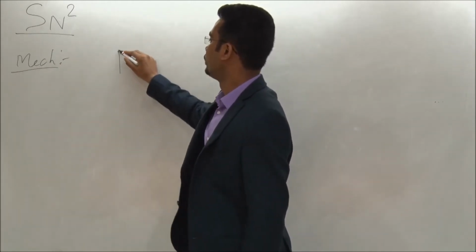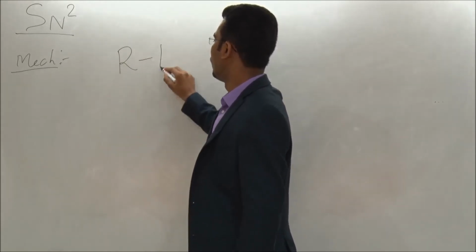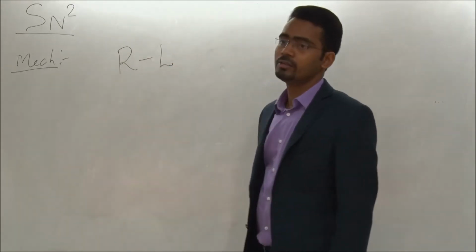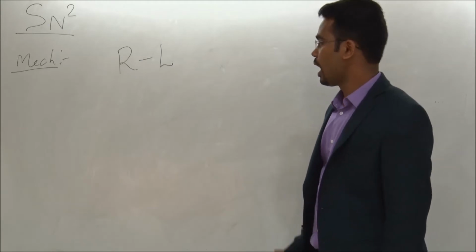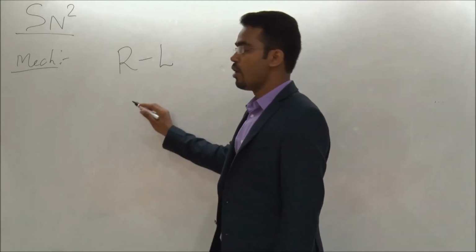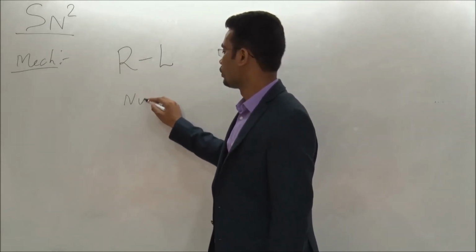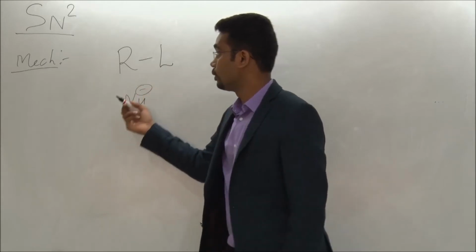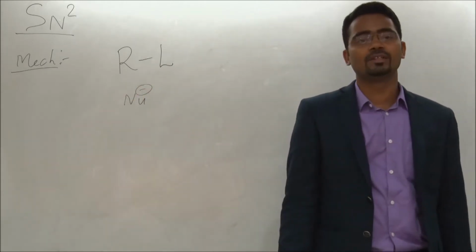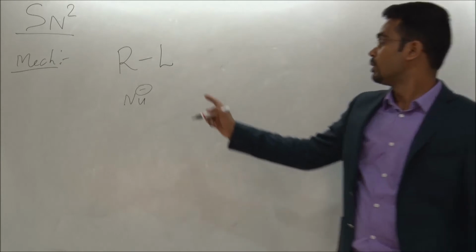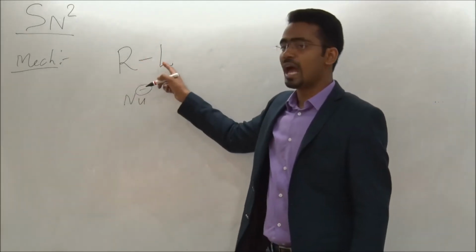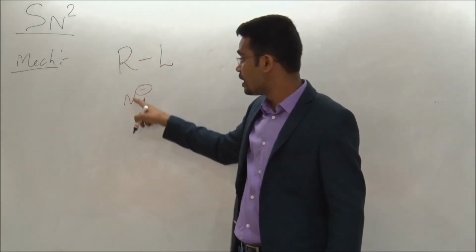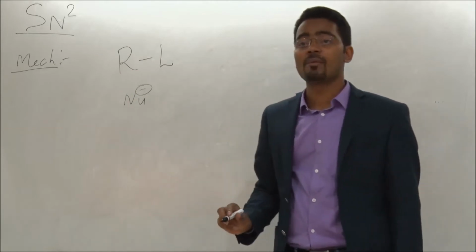We have R-L, where L is the leaving group, and now the nucleophile. As we know about this SN2 mechanism, cleavage of the carbon-leaving group bond and formation of the carbon-nucleophile bond occur simultaneously.